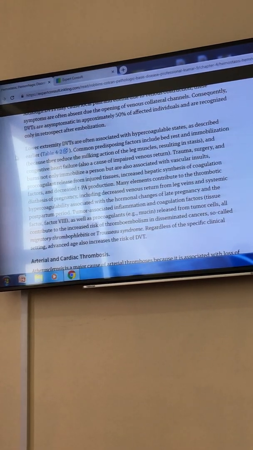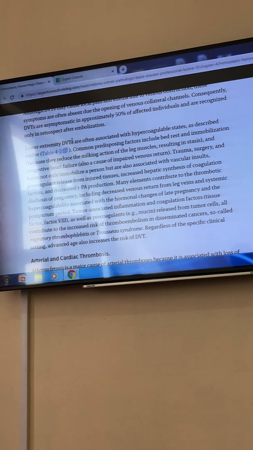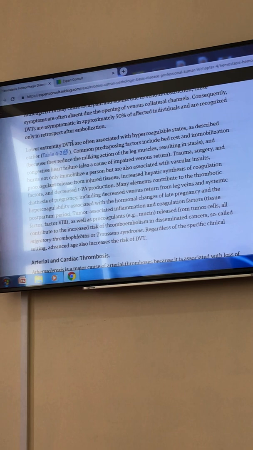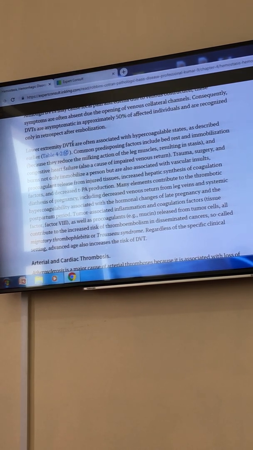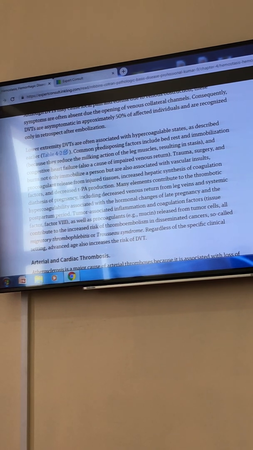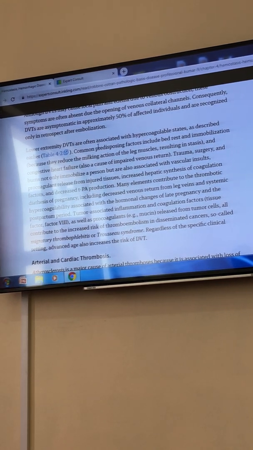These lower extremity deep venous thromboses are more commonly seen in those who are immobilized, have prolonged bed rest, or have hypercoagulability problems, such as factor V Leiden, or a cancer patient, a patient with chronic inflammation.